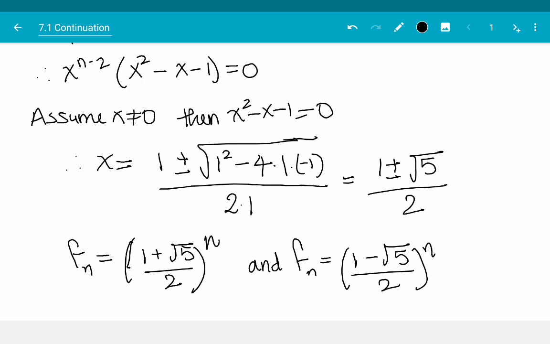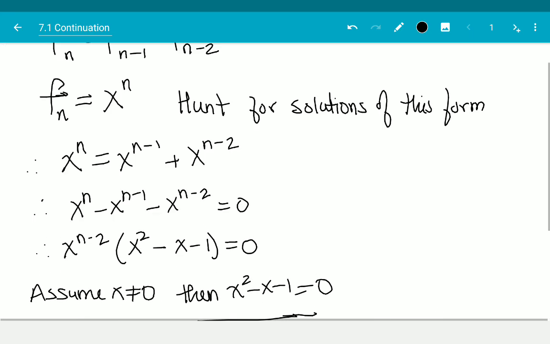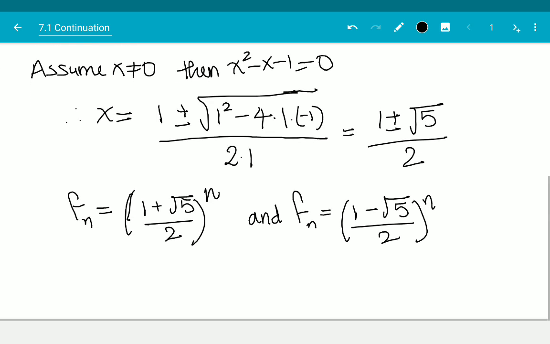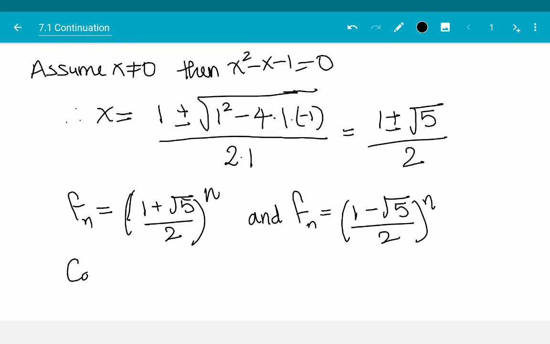both of these sequences satisfy the condition that f(n) is equal to f(n-1) plus f(n-2). If I call this condition star, then both of these sequences satisfy star, right?